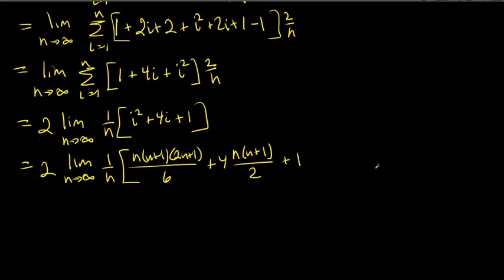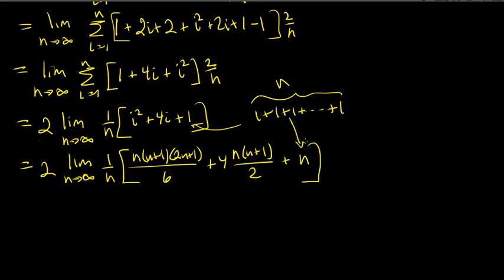Wait a minute. The sum of the 1's, you're doing n times that. So that's just going to be n. Sorry, this is 1 plus 1 plus 1, but there's n of them. n times 1 is n. So that's where I got this n from. It's not just a 1 anymore.